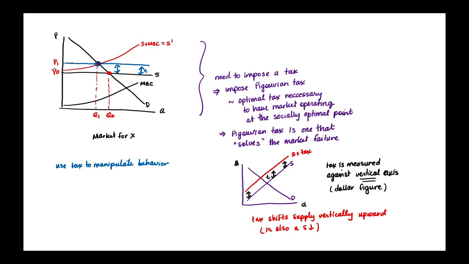So this is our tax right here, the amount of our tax. So our tax causes us to go to S1. Our new supply curve is S1, which is equal to our original supply curve plus the tax. Everyone agree with that?